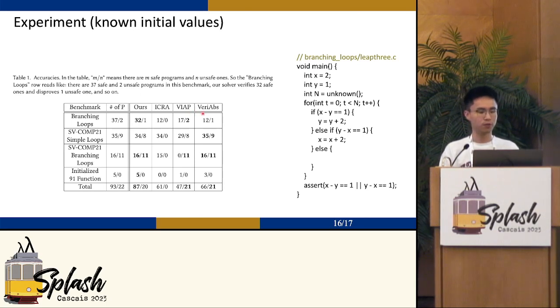The last one, VeriAbs, ranks first in the reach safety category in SV-COMP. In this table, in each cell, the number on the left denotes the number of safe programs, and the number on the right denotes the number of unsafe ones. The program on the right is an example from this benchmark.